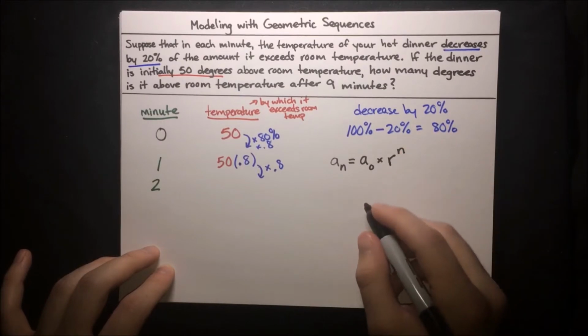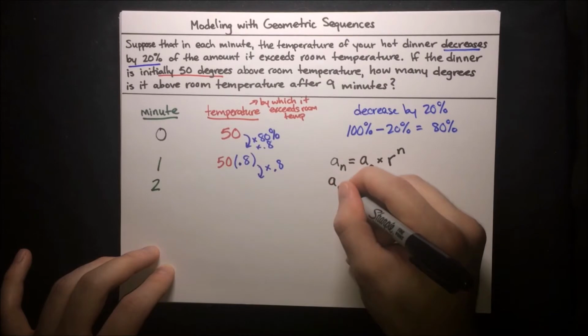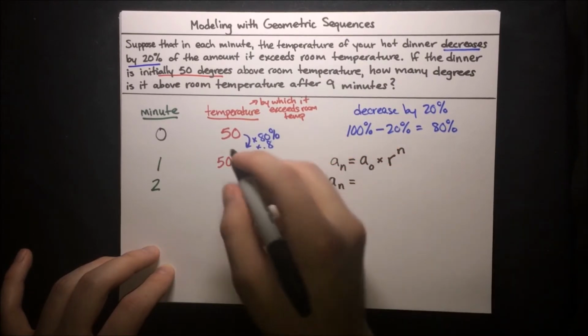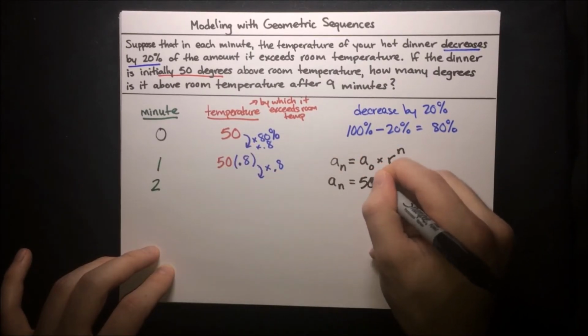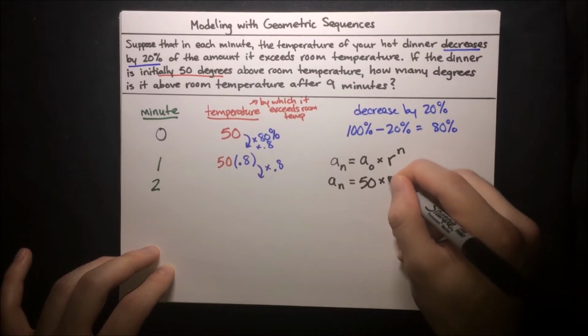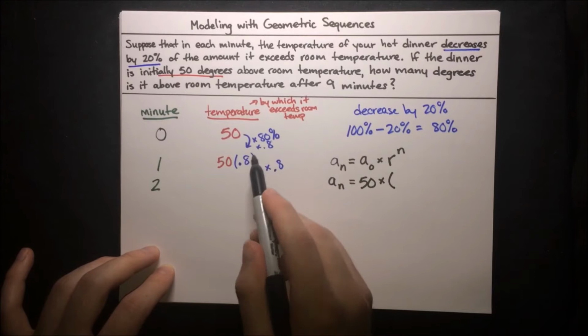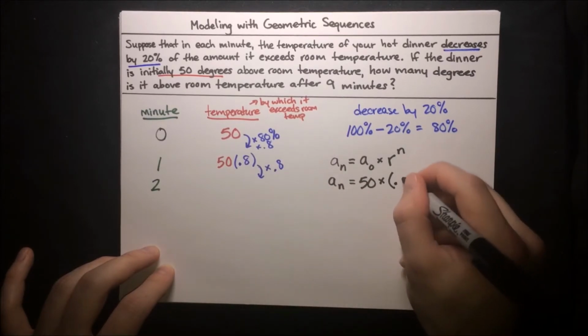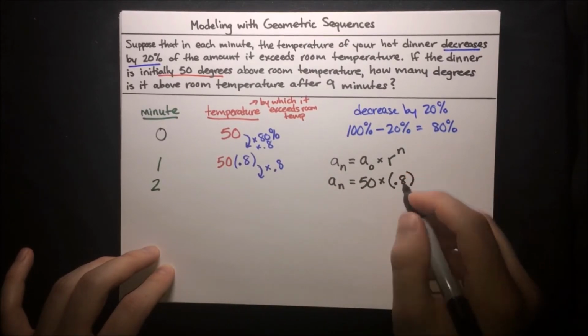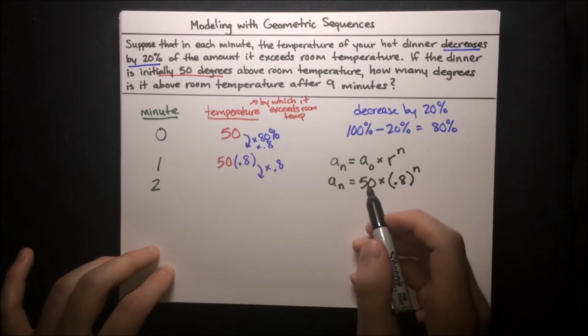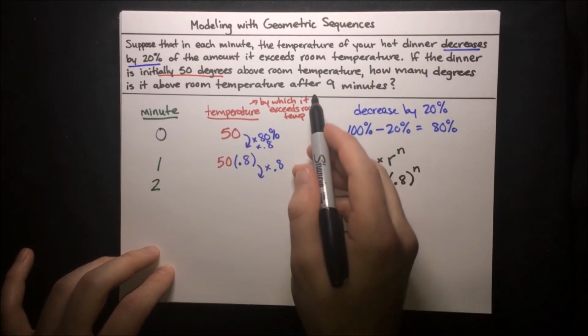And now we can just go ahead and fill this in. a_n equals a_0. a_0 is just 50. And then times the common ratio, that's what we're multiplying by every time. That's 80%, or just 0.8 as a decimal. So times 0.8, and then to the power of n. And in particular, we're interested in after 9 minutes.